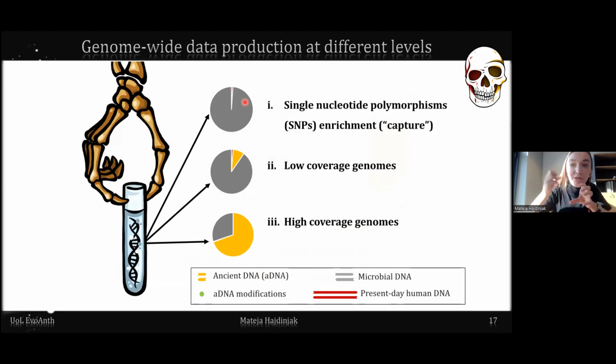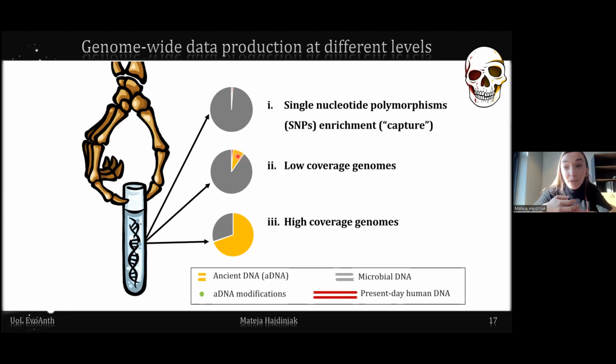So as I said, we fish out the molecules from the soup of molecules you have in your DNA libraries for specific sites in the genome, which are informative about the relationship of the individual you want to study to other present-day or ancient humans, but also Neanderthals and Denisovans. And depending on how much of this yellow proportion you have here, you can actually sequence your libraries directly to obtain either low coverage or high coverage genomes.